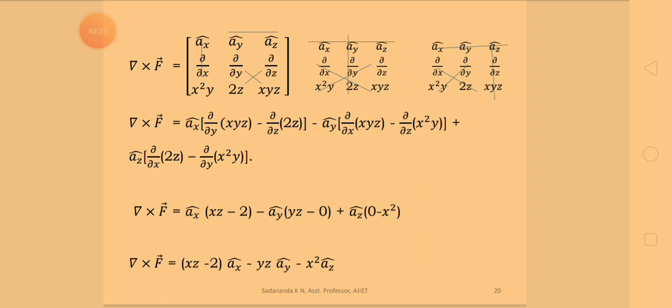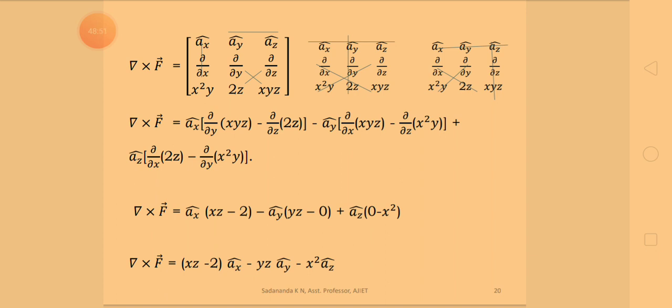With respect to x, in xyz, yz is retained, minus ∂/∂z of x square y. There is no z term, therefore the term is 0. Plus az cap, open bracket, ∂/∂x of 2z. With respect to x, there is no term, 0, minus ∂/∂y of x square y. With x square retained, minus x square.